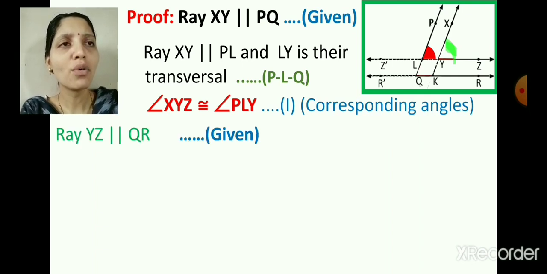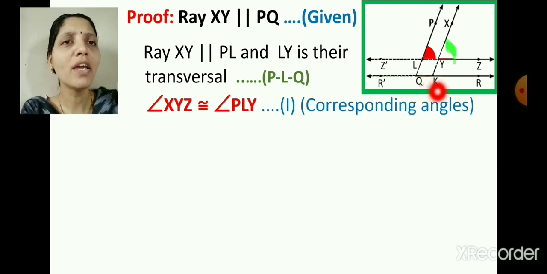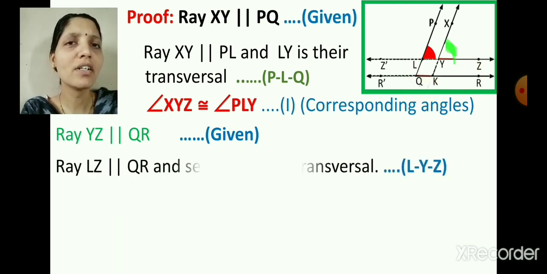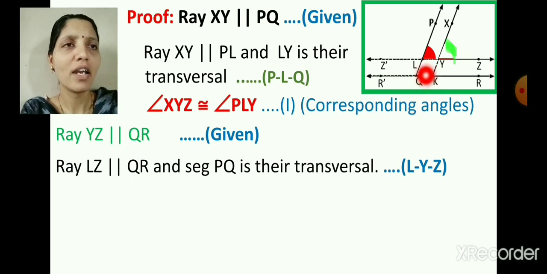Now you have to consider ray YZ is parallel to ray QR. The reason is given. Now if ray YZ is parallel to ray QR, then what will you get? Now this ray YZ, instead of YZ, we can write LZ.